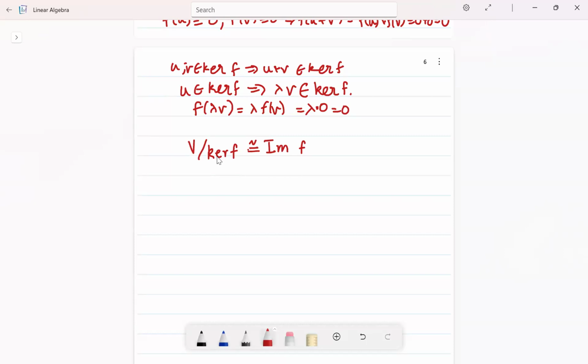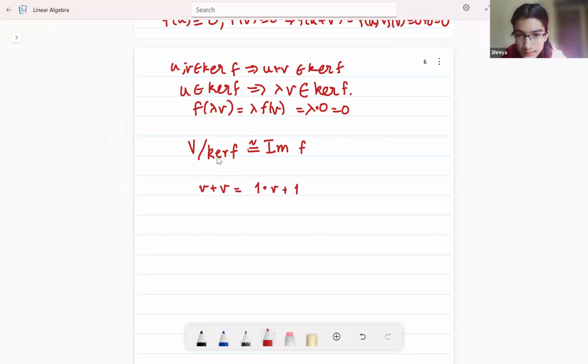Is v plus v equal to lambda v for some lambda always true? What do you mean? Is v plus v equal to lambda v for some lambda belonging to the field always true? Oh, yes. How do you prove that sort of stuff? Okay, so v plus v is equal to 1 times v plus 1 times v.